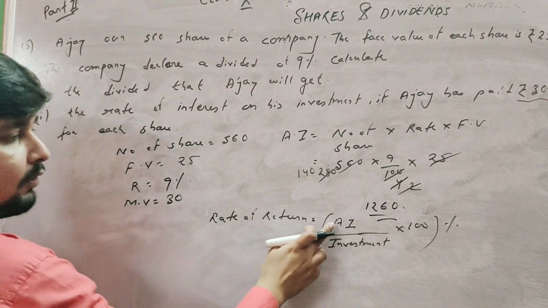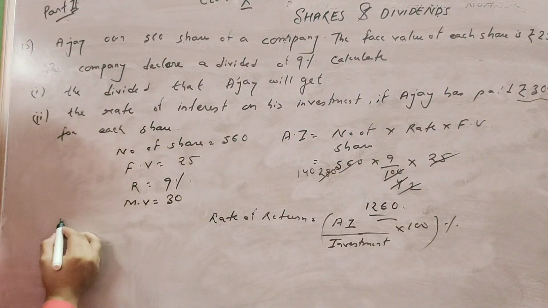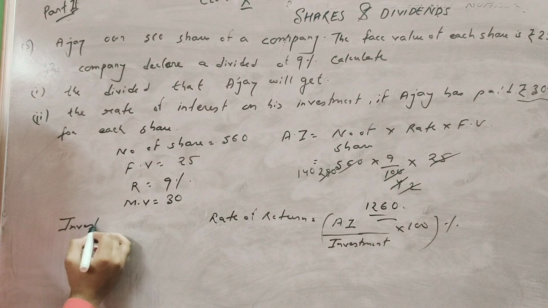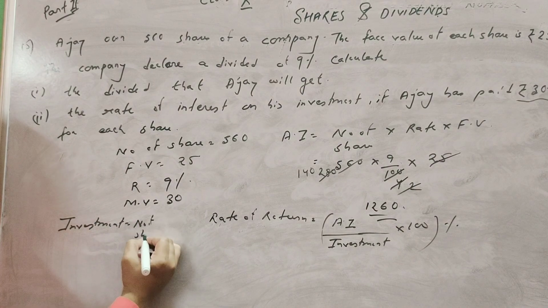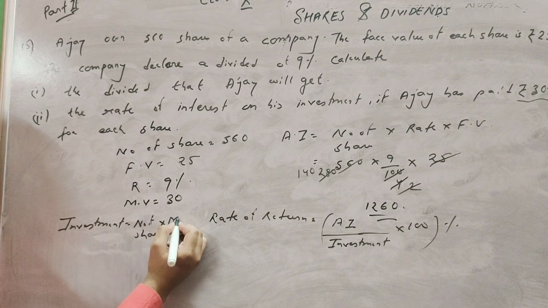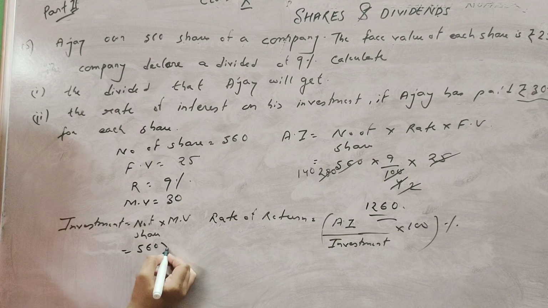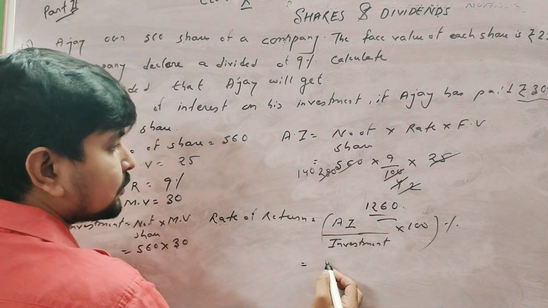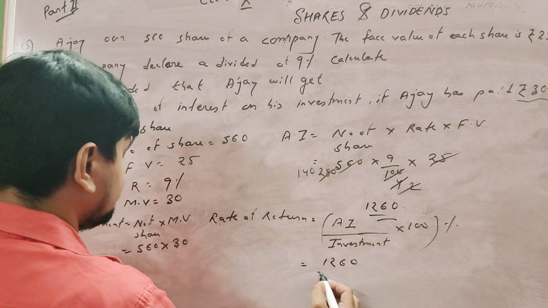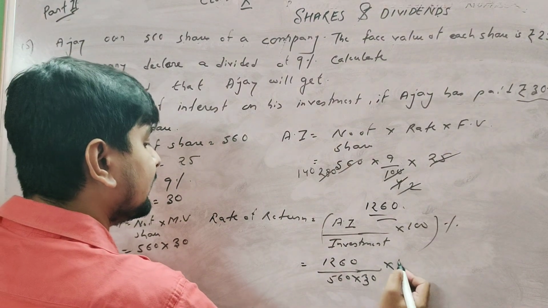Okay, so we already have 1260 as annual income. First of all, calculate the investment. The investment formula is number of shares into market value of one share. So the number of shares is 560 and the market value is 30. Clear? So annual income is 1260, investment is 560 into 30, into 100.